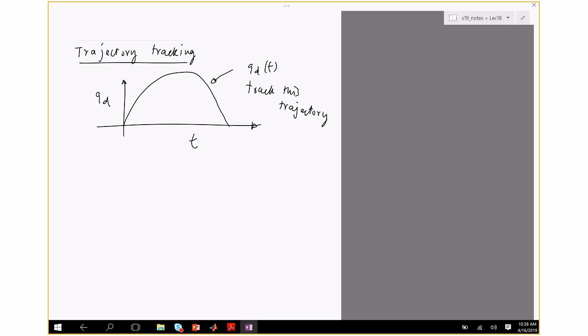But the way you do this tracking is you modify your controller. It's a very slight modification.